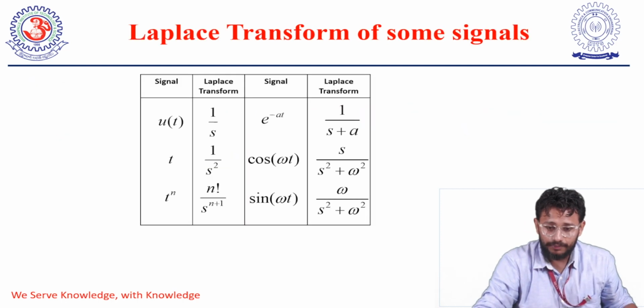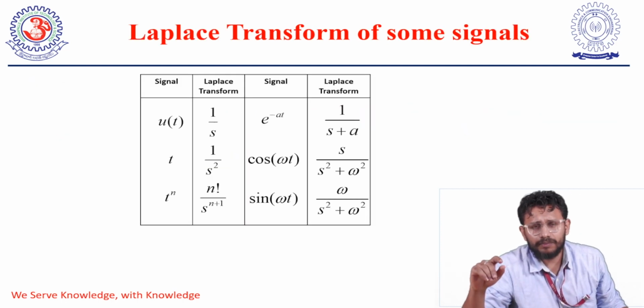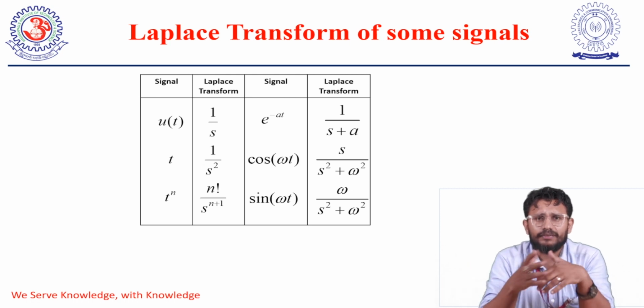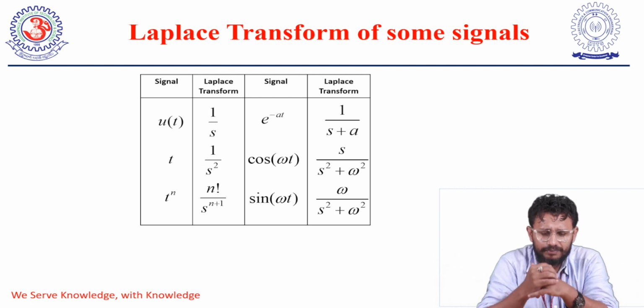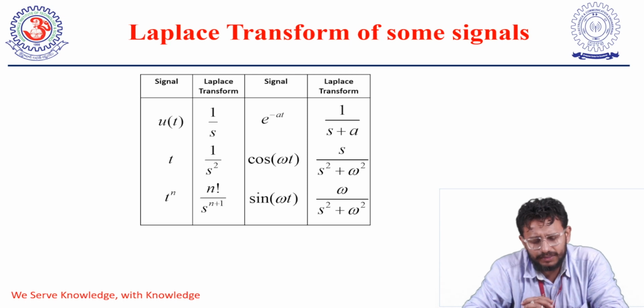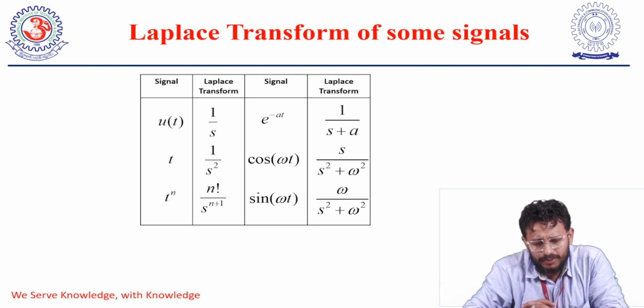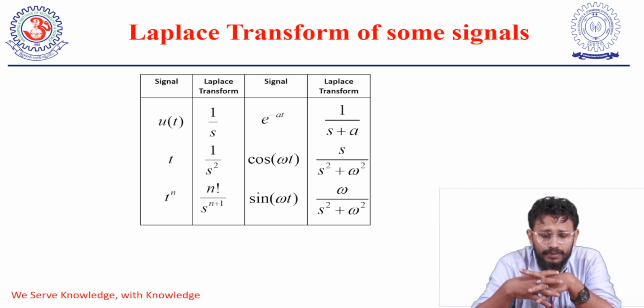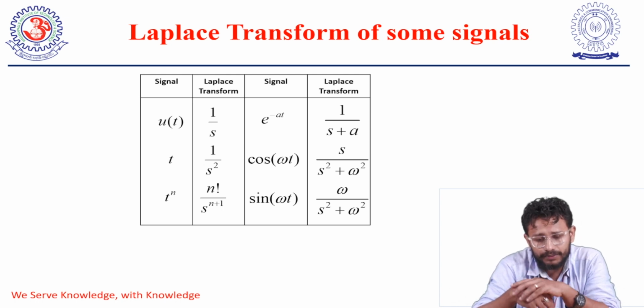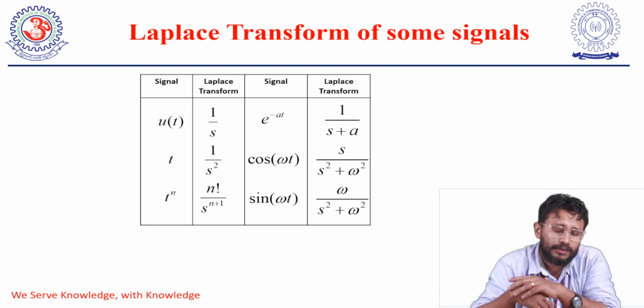Let's proceed further. Now, Laplace transform of some basic signals that we can see over here. Just have a look. Unit step: 1 over s. For a ramp, 1 over s squared. t to the n: n factorial over s to the n plus 1. e to the minus at: 1 by s plus a. cos of omega t: s over s squared plus omega squared. sine of omega t: omega over s squared plus omega squared.